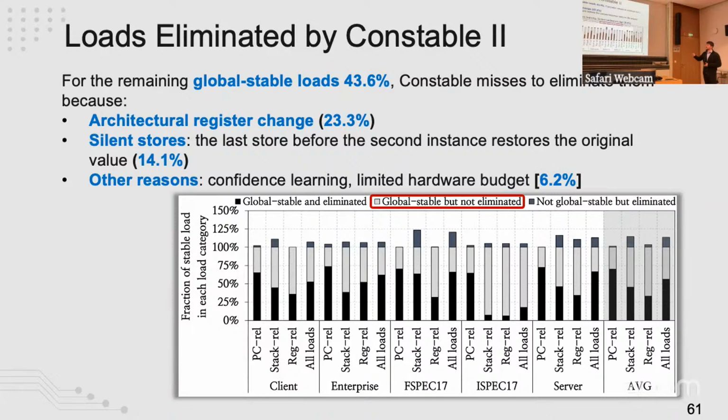Another one is the silent load, where the last store before the second instance restores the original value. This can be classified as a global stable load, but Constable fails to identify it as such in 14% of the cases. And some other reasons are attributed to confidence learning and limited hardware budget in 6.2% of the cases.